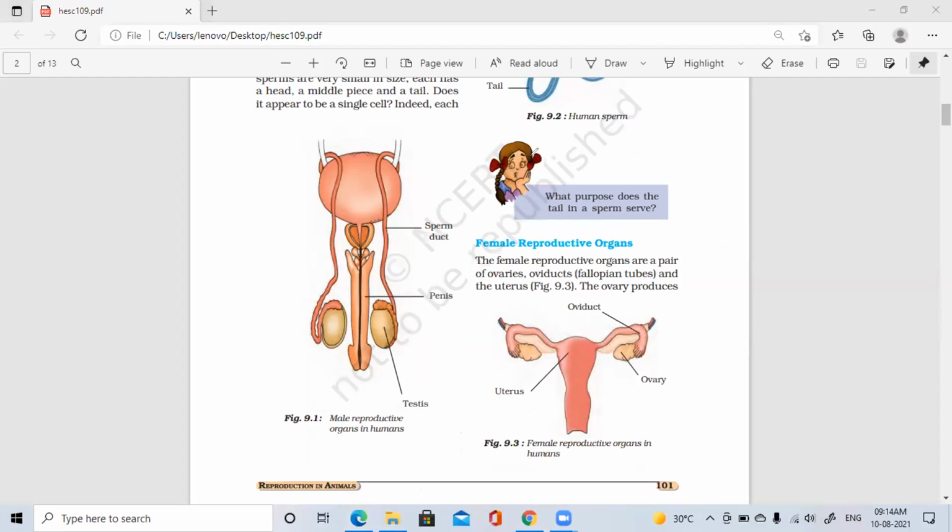After this, we have another component. Sperm duct. We call it vas deferens also.